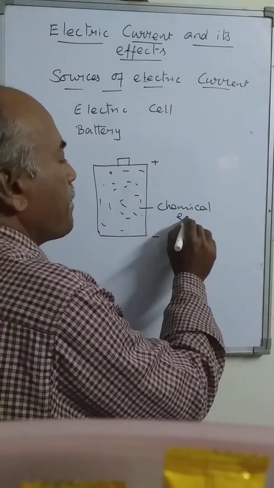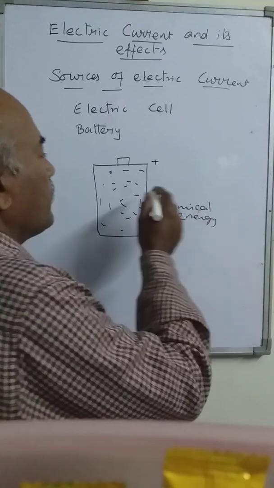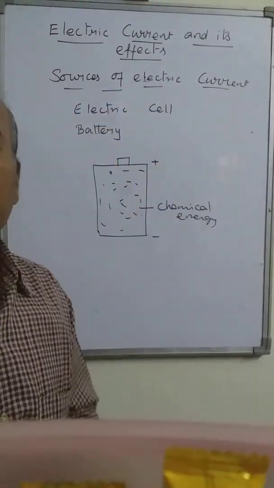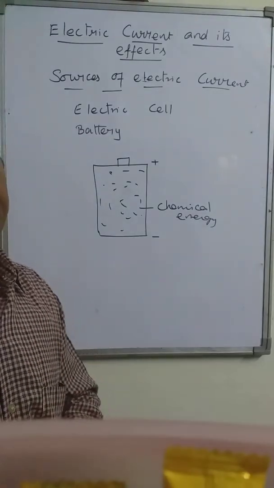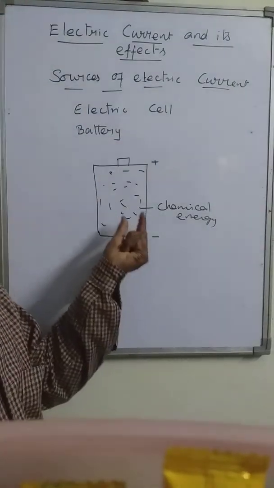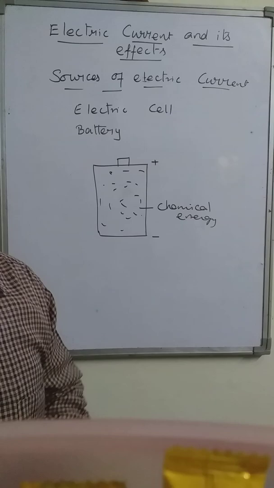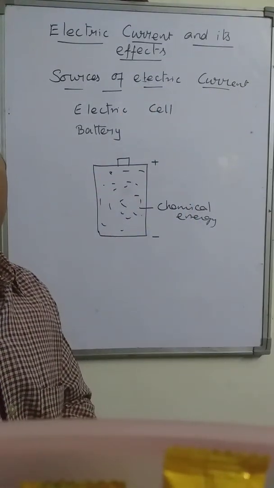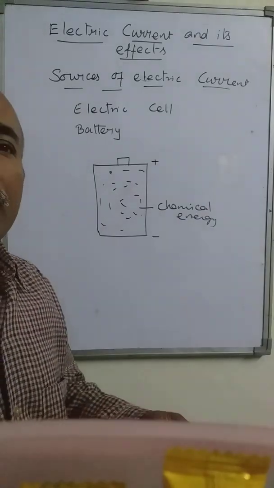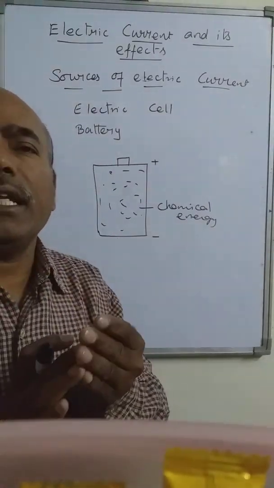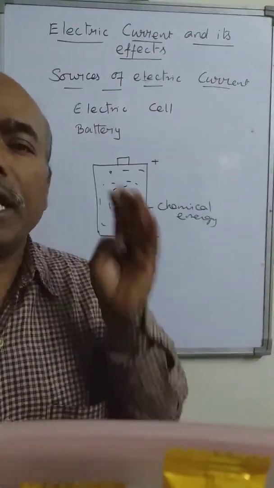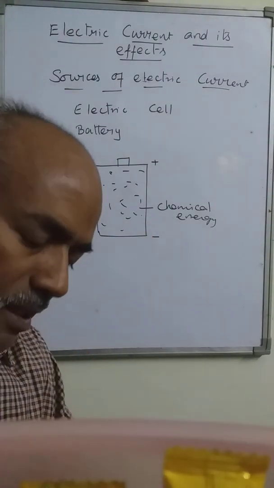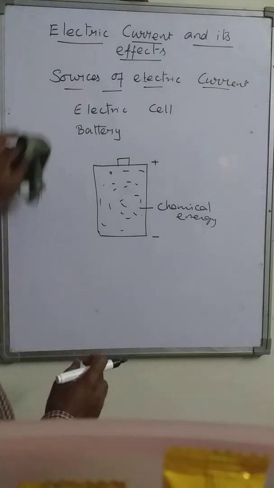Right? And when this cell is connected across any conductor, that chemical energy will come out and flow through the wire. When it flows through the wire, we can say that the chemical energy is converted into electrical energy. Now, let me connect the cell with a conductor.